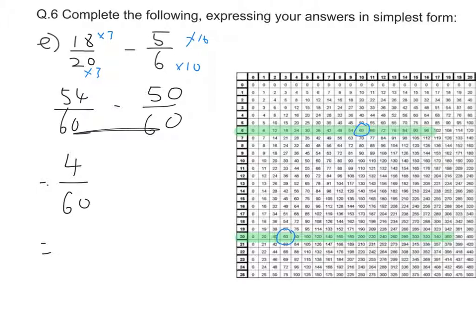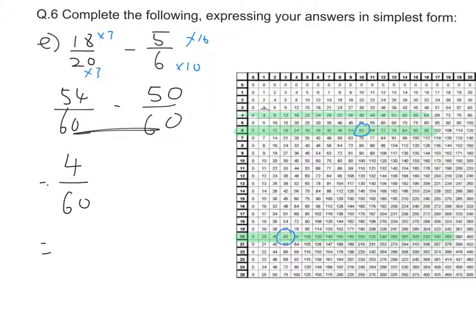So in this case, I can see that if I highlight the multiples of 4, I can see that I can find the numerator and the denominator in the same row. So I've got a number 4 here and a number 60 there.